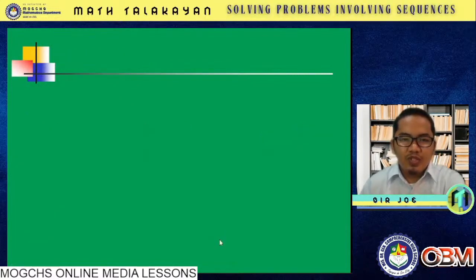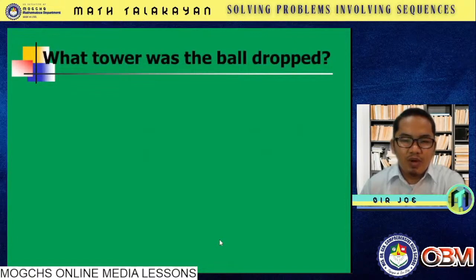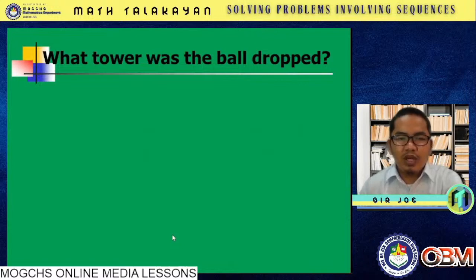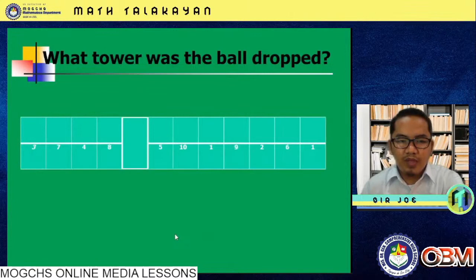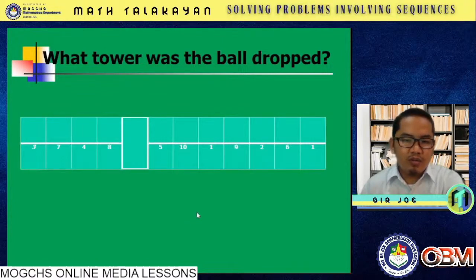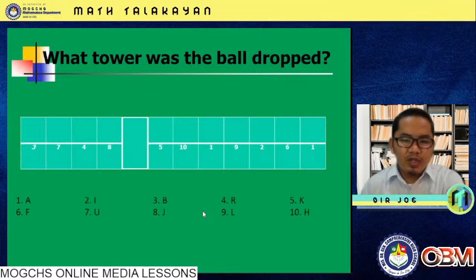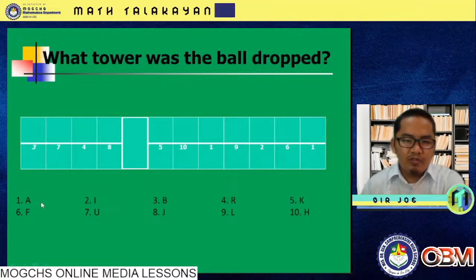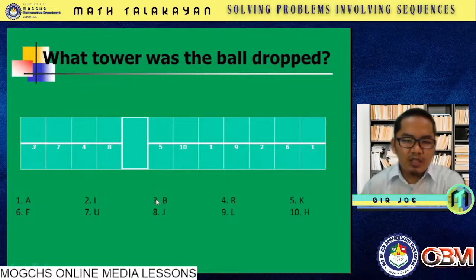So we're going to proceed to our puzzle. What tower was the ball dropped? So we have here our boxes. These are our answers a while ago. So we are going to fill in the boxes.